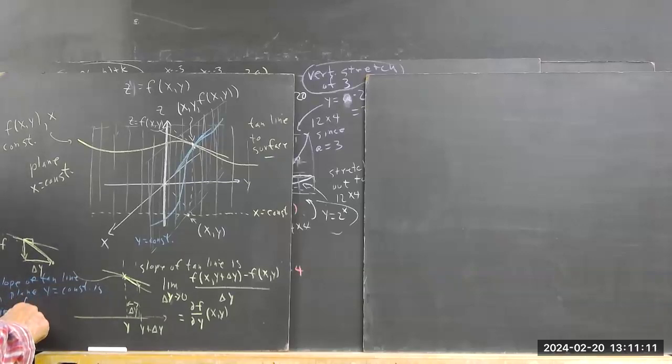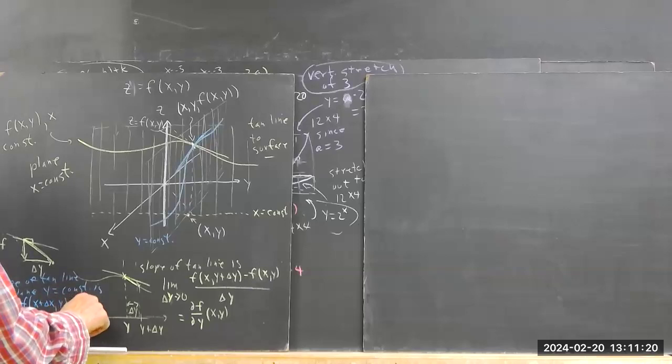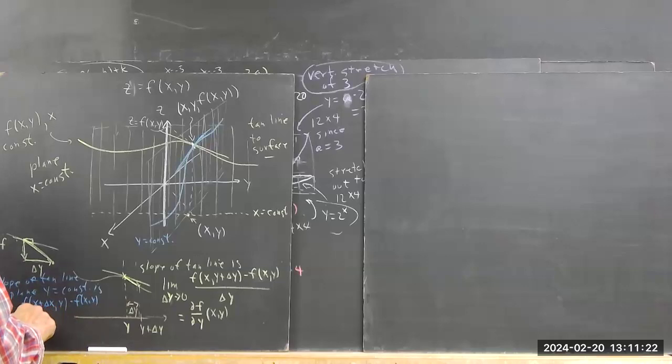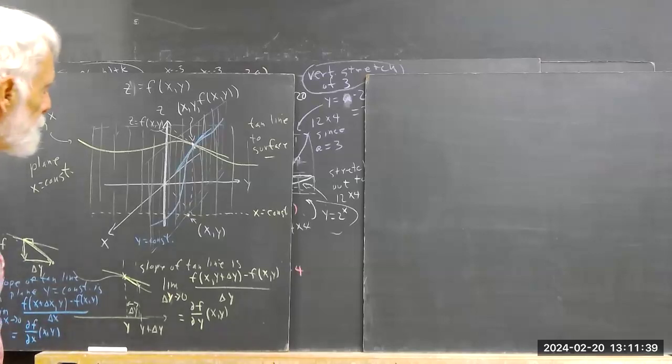It's going to be f of X plus delta X, Y minus f of X, Y over delta X. And that's the partial derivative of f with respect to X at the point X, Y. So you can visualize it.